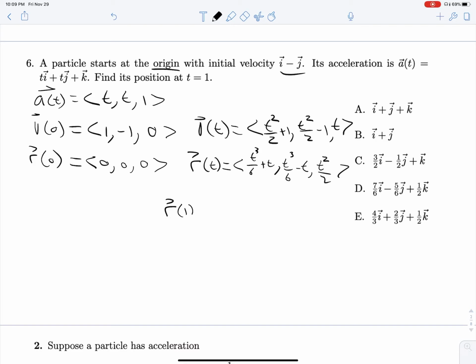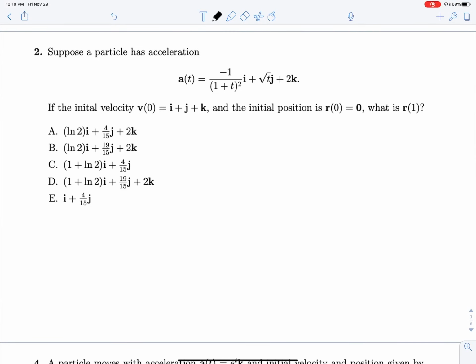So r of 1 is just going to be equal to 1/6 plus 1, which is 7/6, and then 1/6 minus 1, so negative 5/6, and 1/2. And we see that in answer choice D.